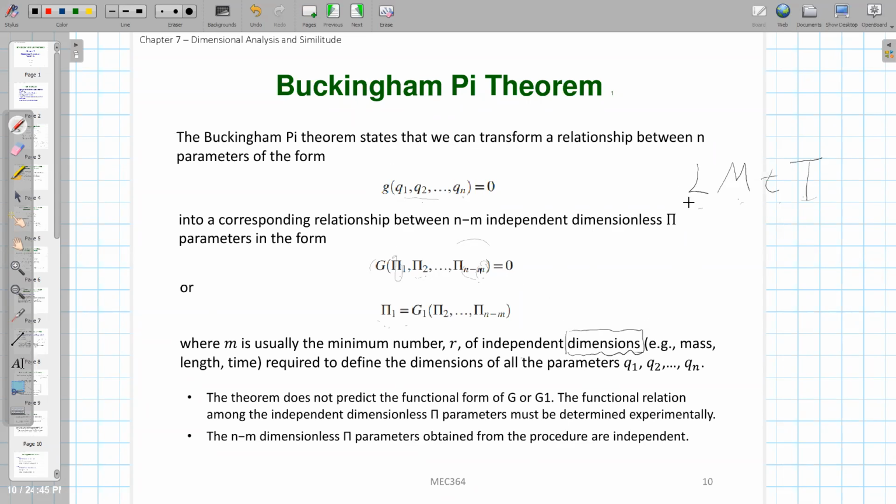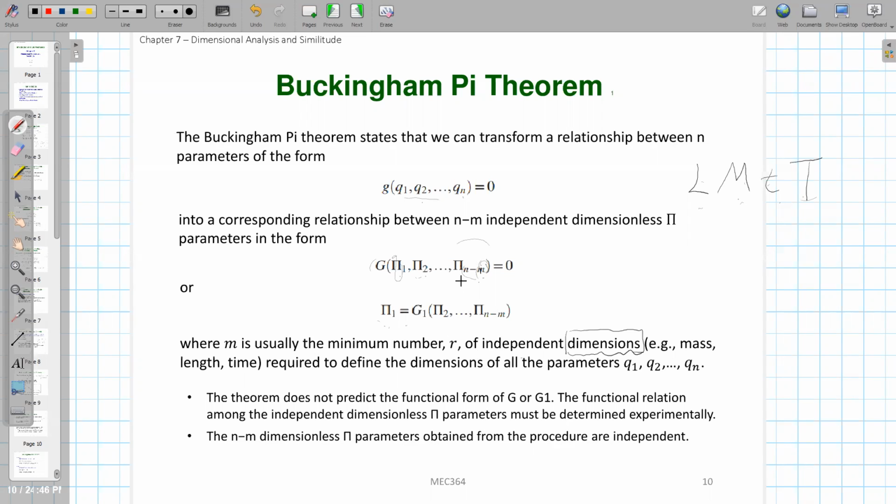And if your problem doesn't involve temperature, with no energy equation, only the continuity and momentum equations, you only have 3: length, mass, and time. Then you can reduce your dimensional parameters to n minus 3, so m will be equal to 3, r equal to 3.